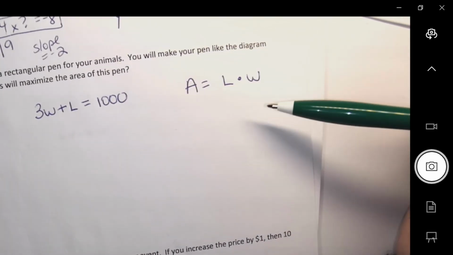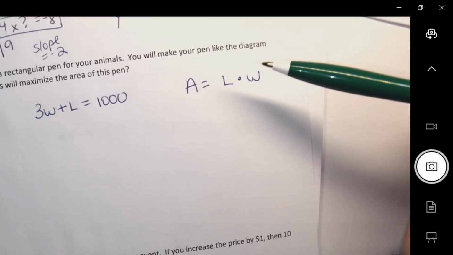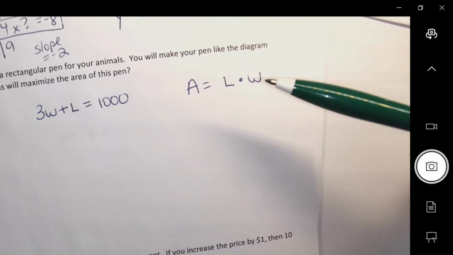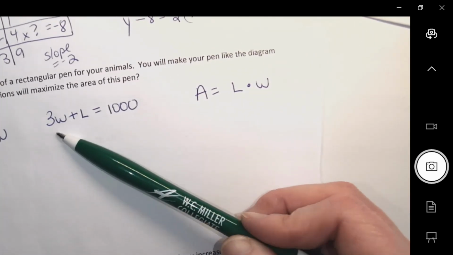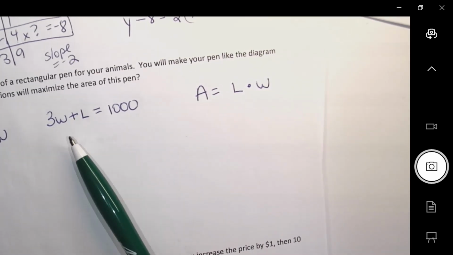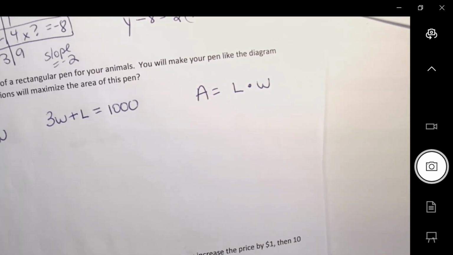Okay, so this is the problem. I can't work with this equation because there are 3 variables, too many variables. So what I'm going to do is I'm going to take one of these variables and substitute it in. Which variable looks easier to be alone?